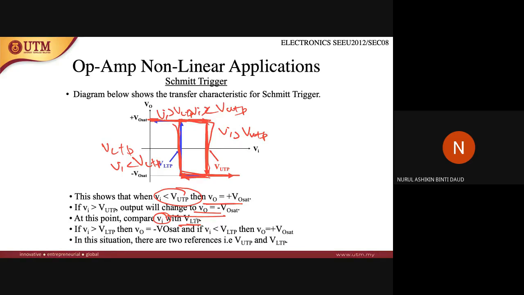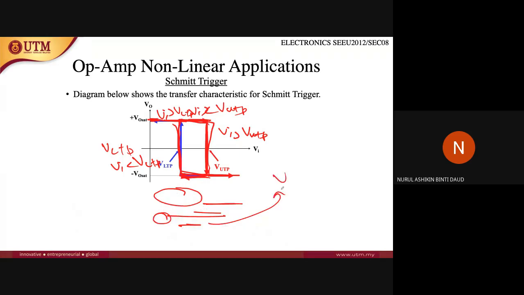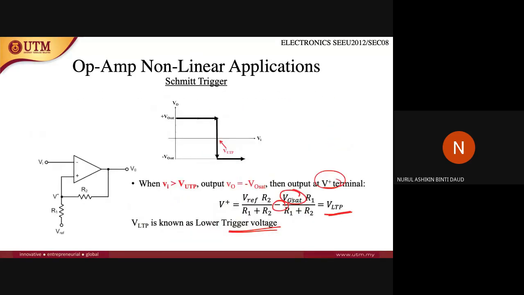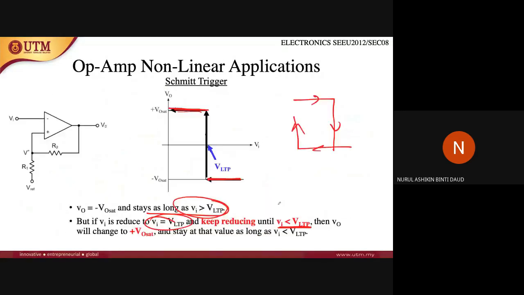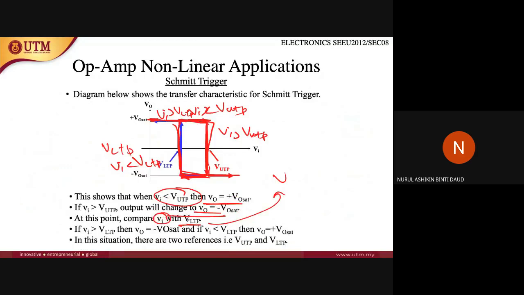We use the same equation, but you just have to replace the VO value with minus VO saturation, so that's why it becomes minus. If VI is larger than VLTP, then VO will become minus VO saturation. And if VI is lesser than VLTP, then VO will become positive VO saturation.